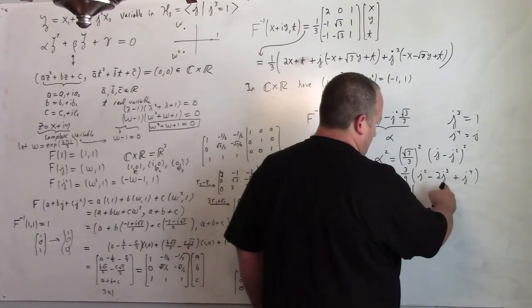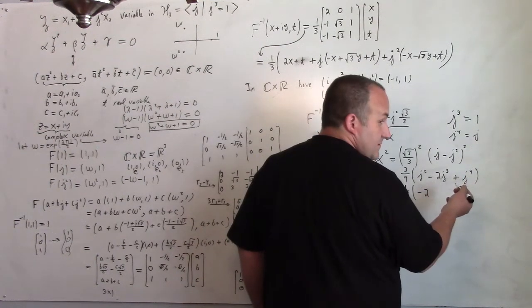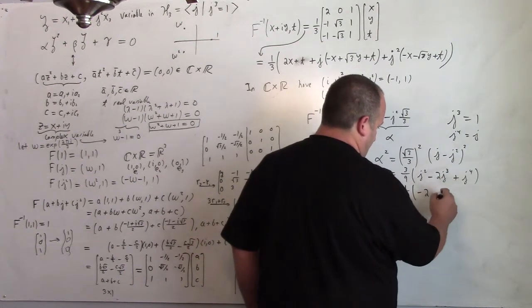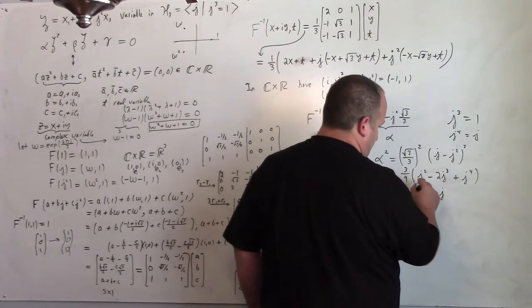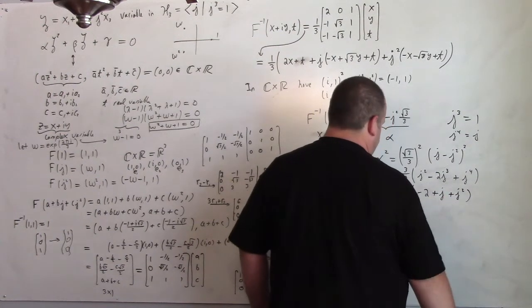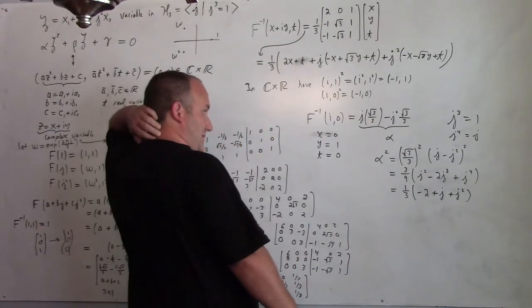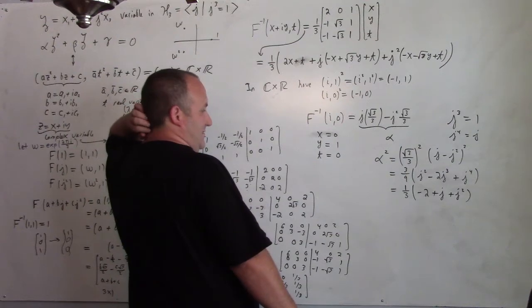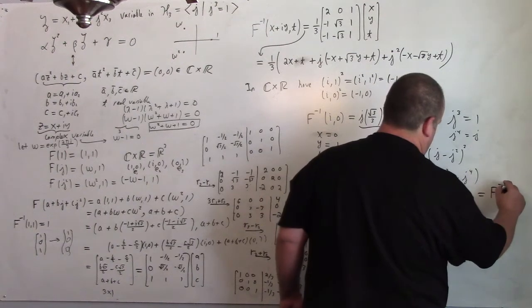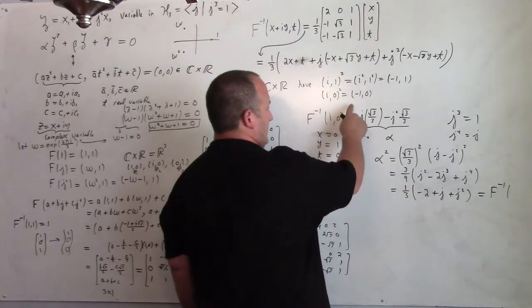So we got minus 2 plus j plus j squared. Now this should be equal to F inverse of what? i0 squared.